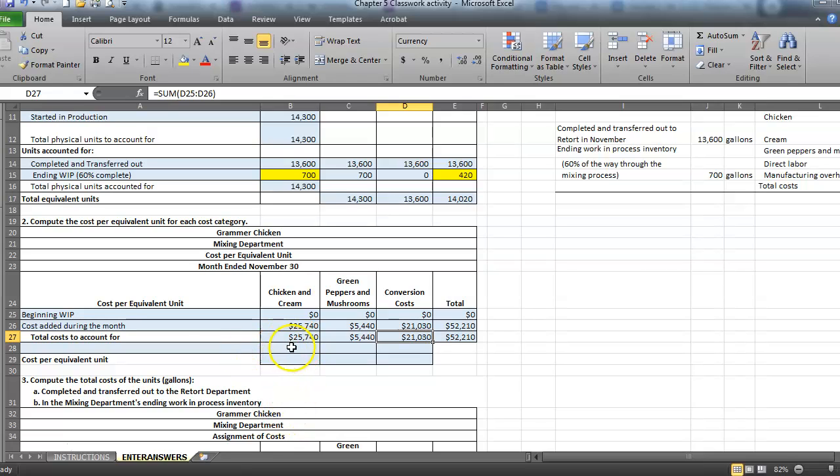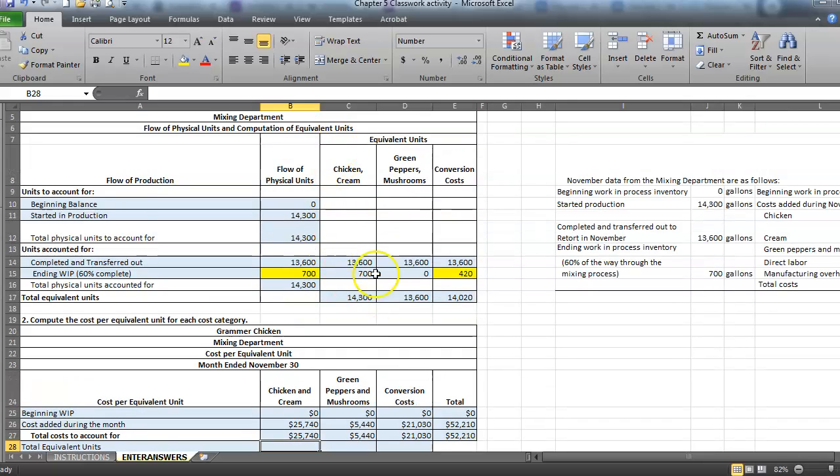Now, that's an important step, and I want to stop right here to think about what we've just done before proceeding to the next step. Our next step is to compute the total equivalent units. Well, we did that already. So where is the information? The information is located right here.